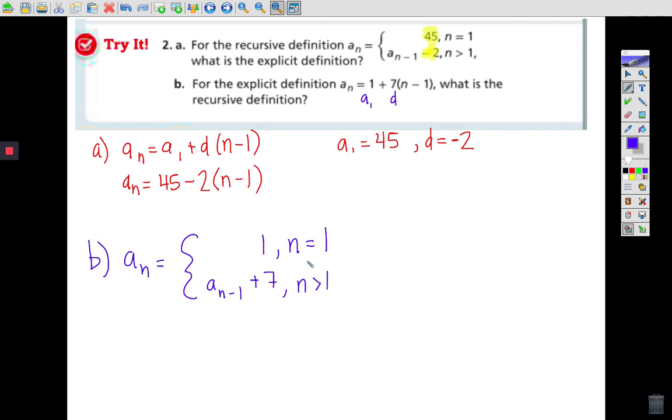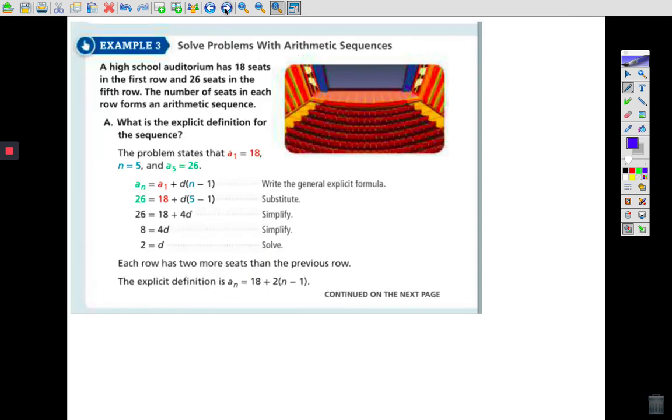Now on example 3, to actually start putting these into play. It says a high school auditorium has 18 seats in the first row and 26 seats in the fifth row. The number of seats in each row forms an arithmetic sequence. What is the explicit definition for the sequence?